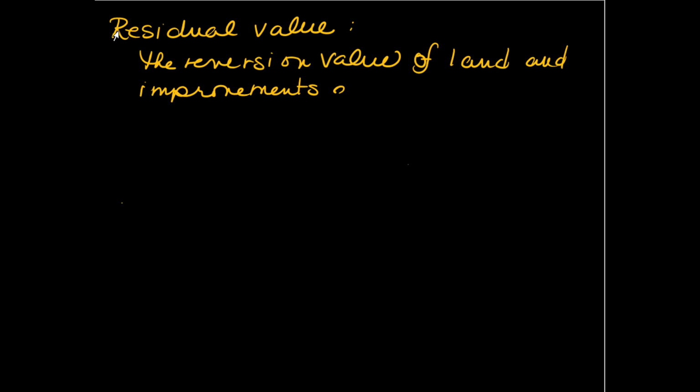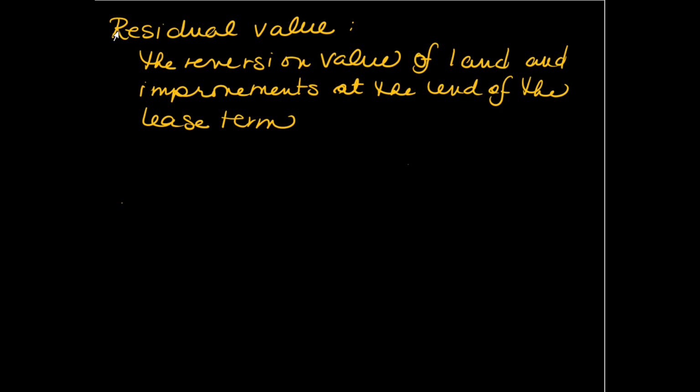So some assumptions that we might make when we're making this estimate are that first, the residual value will be equal to the book value of the property, which is, remember, that original acquisition cost, how much we paid for it initially, less any accounting depreciation at the expiration of the lease term.